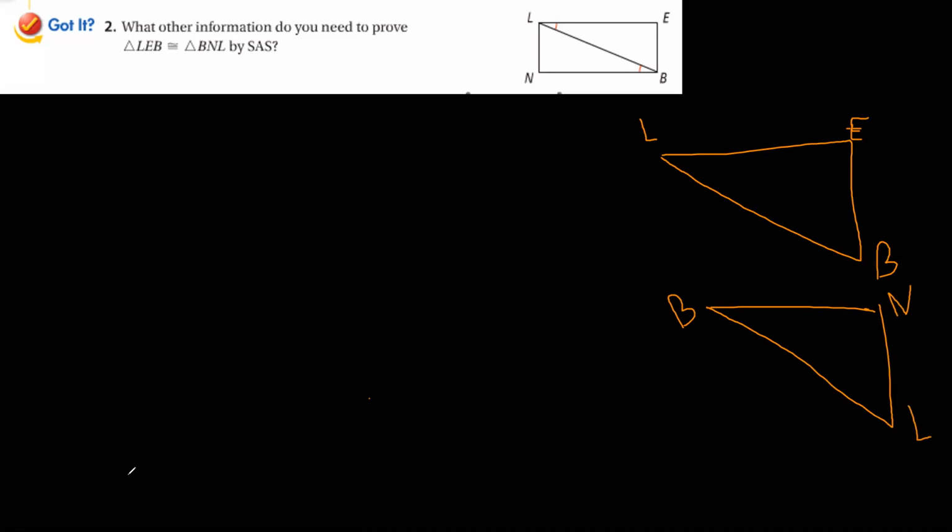I start like this, L E B, so B E L. Now for this one, he told me that angle L is congruent to angle B. So I need to prove by SAS.